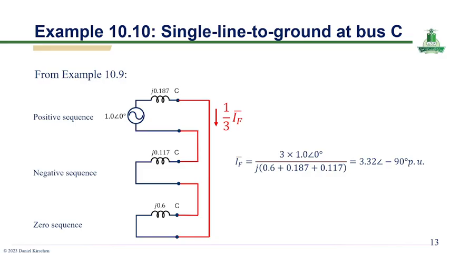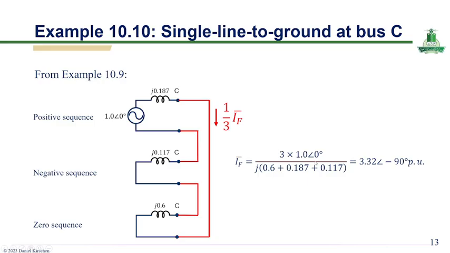The total impedance seen by the fault is therefore the sum of the three sequence impedances. Substituting these values into the fault current expression, we will have this relationship.